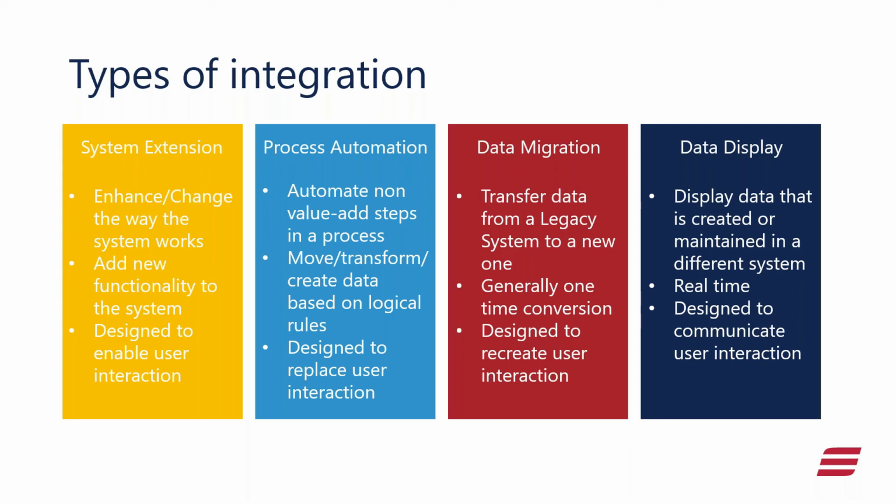The next category is process automation, and that's where we try to automate non-value add steps. Stuff where people are currently doing it, but it doesn't really add a lot of value to have people doing it. What I like to say is that's designed to replace user interaction. One of my favorite examples: I create an employee in my accounting system or in my payroll system.